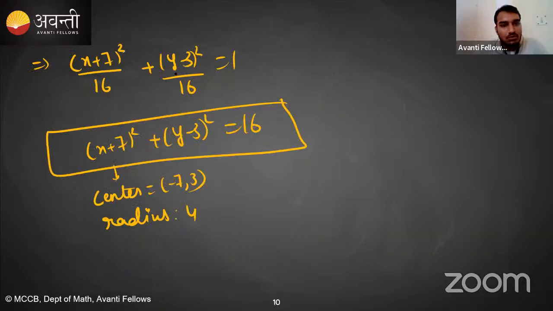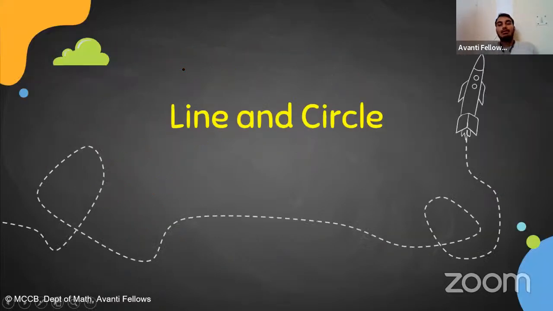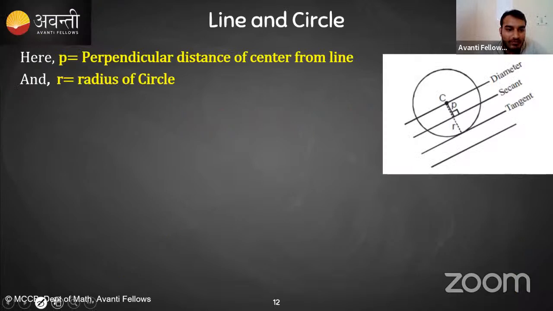Okay, very good. So now we are going to talk about a line and a circle. What are the possibilities between one line and one circle? Everybody will agree with this, right?